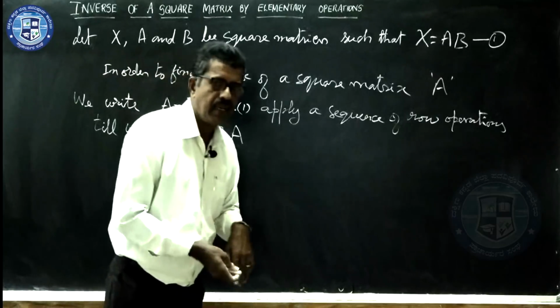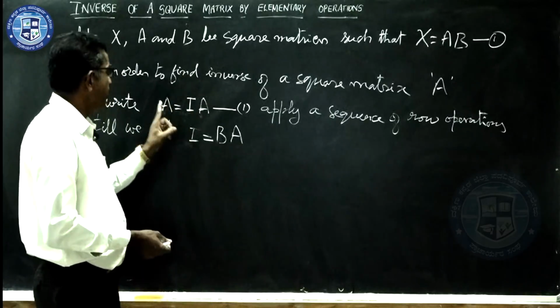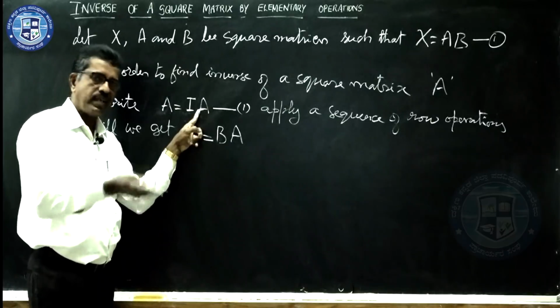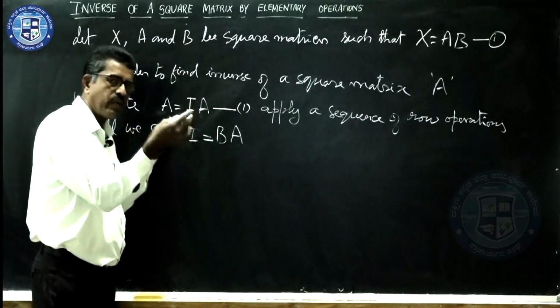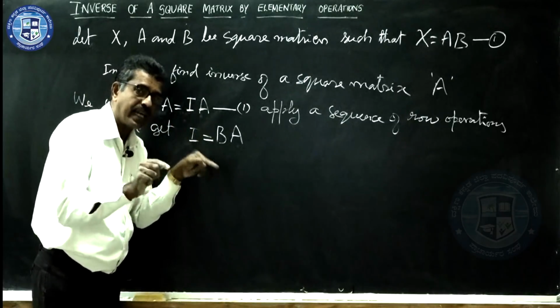I repeat once again: to find the inverse of a square matrix by elementary operations, the first step is to take A is equal to I into A, and the next step is to write the identity matrix as required.